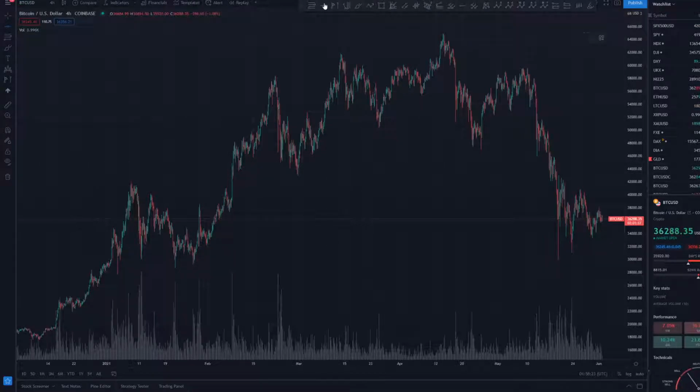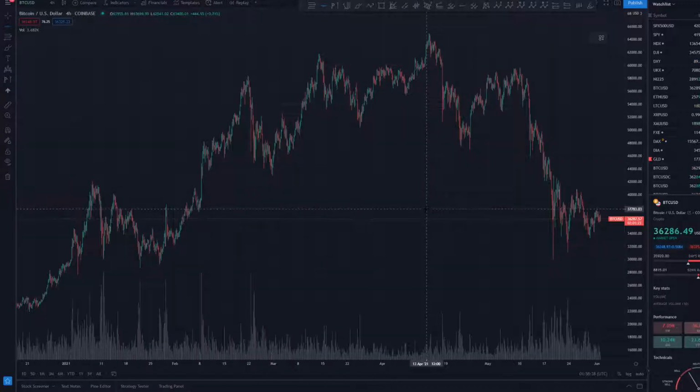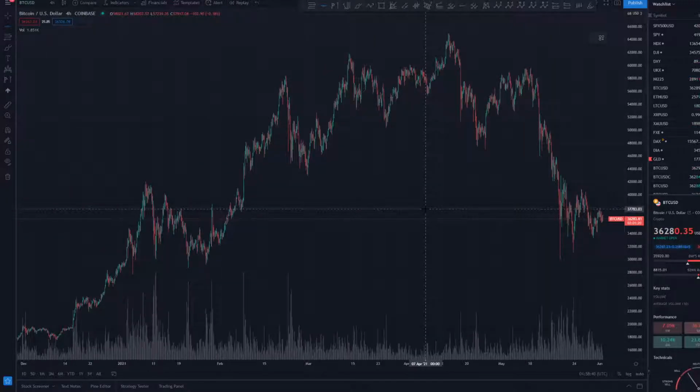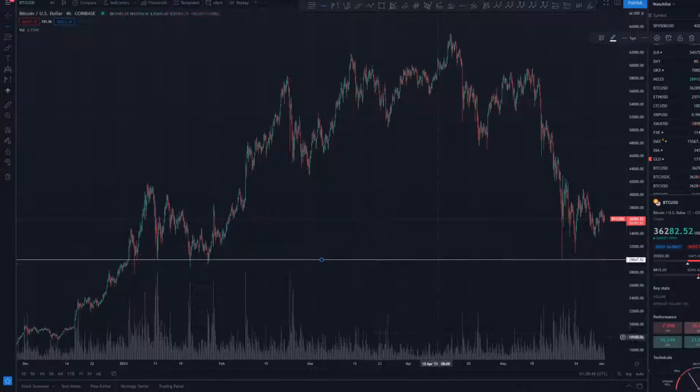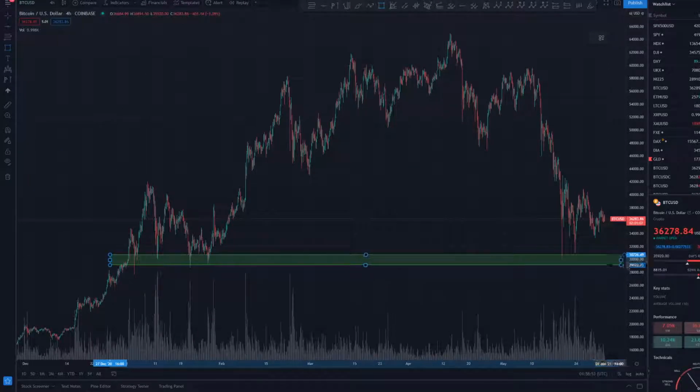So what is support and resistance? In trading, you have buyers and sellers that cause price to either go up or down. If you have more buyers, price goes up. If you have more sellers, price goes down. A lot of the times a support level will be a hard level, like one number, but most often support or resistance will be a region.